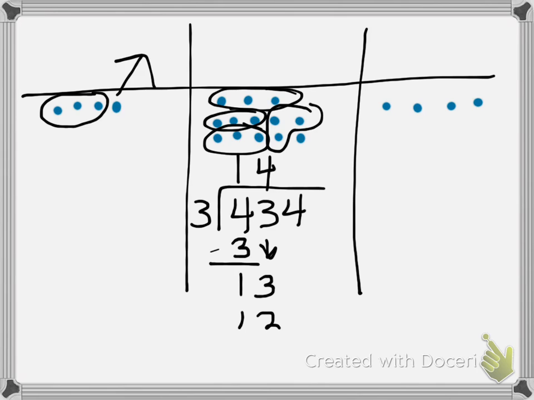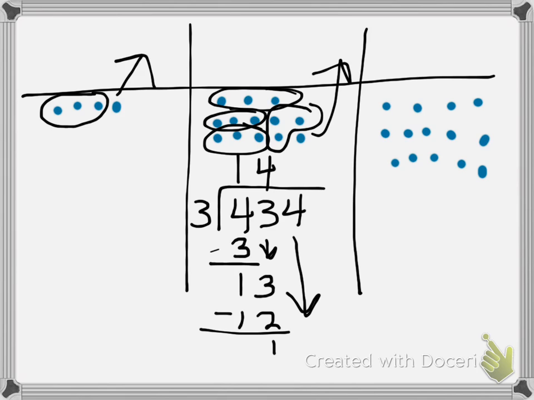So I'm going to record that down here and show that that leaves us with 1 ten. We're going to exchange that 1 ten for 10 ones. And again, I'm going to put together all the ones that we have now. Instead of just 4, we exchanged for that 10, so now we have 14.